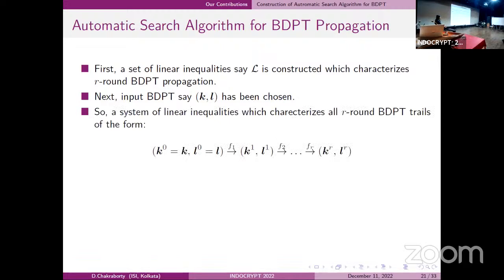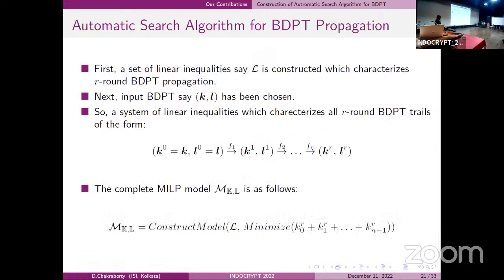The feasible solutions of those linear inequalities are these r-round BDPT trails, and we get this L and construct the MILP model of this form. We are minimizing over K_R, where K_R is the final set, just to check whether there exists a unit vector in the set K_R.